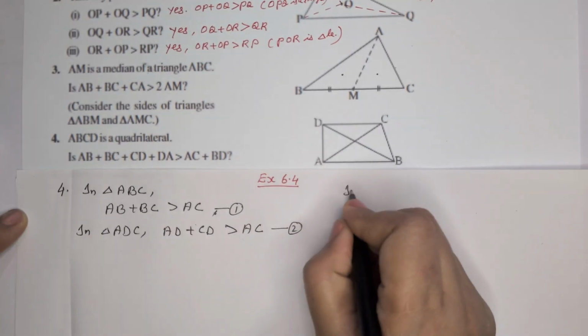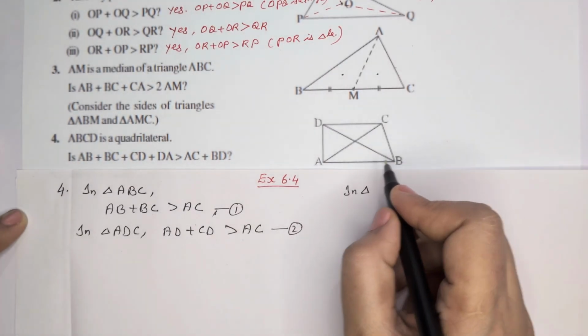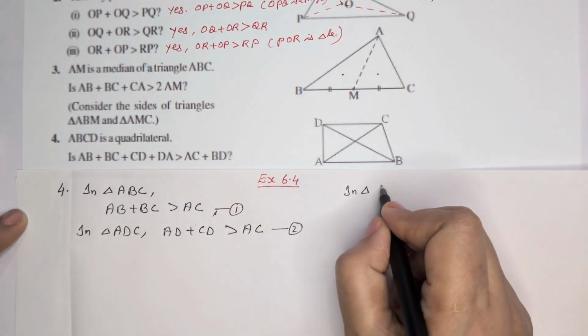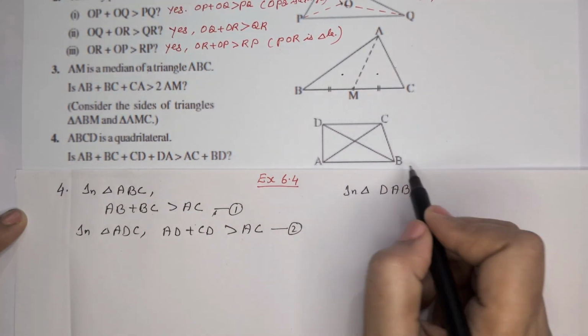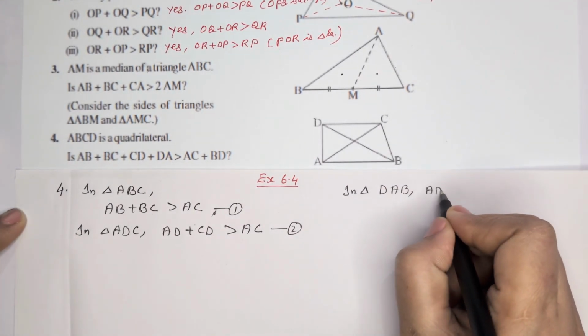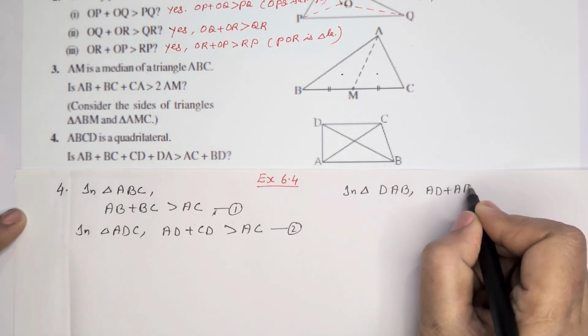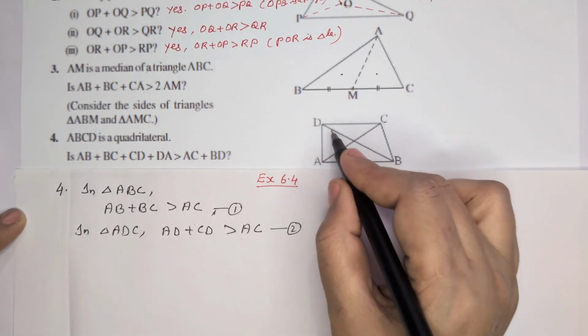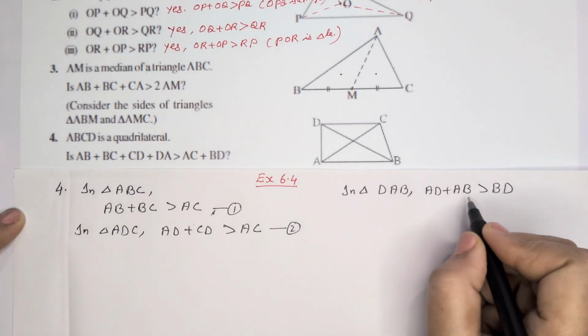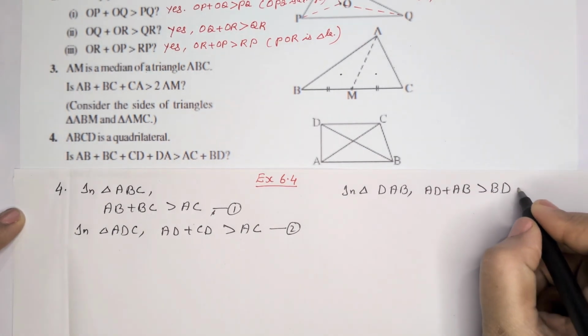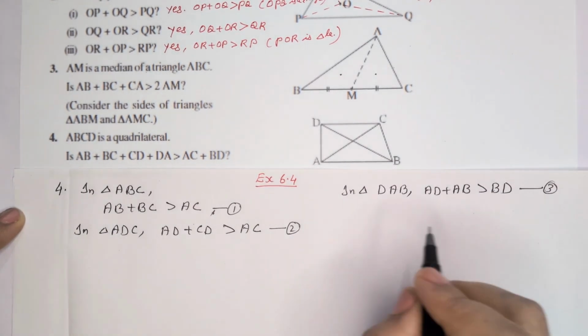In triangle DAB, we can write AD plus AB is greater than BD. The sum of two sides is greater than the third side. That is equation number 3.